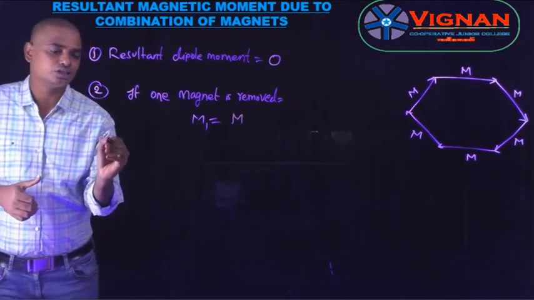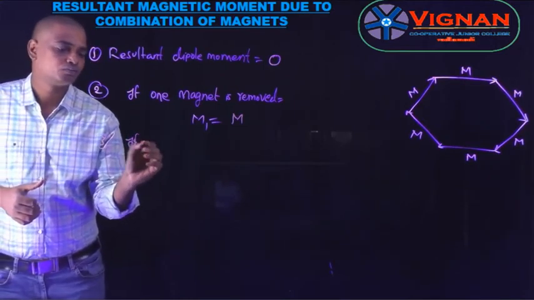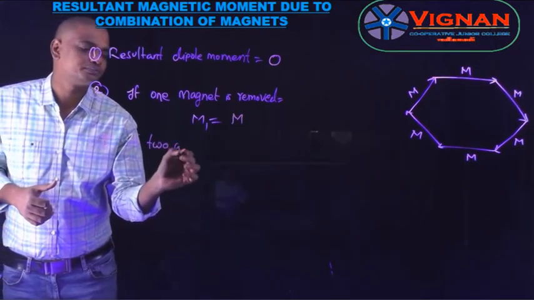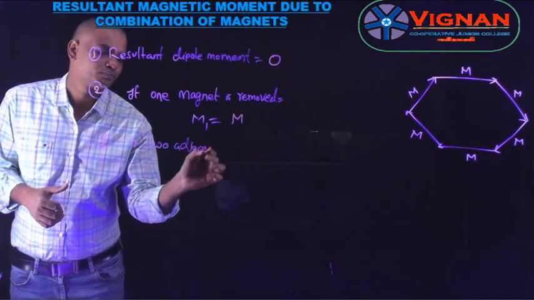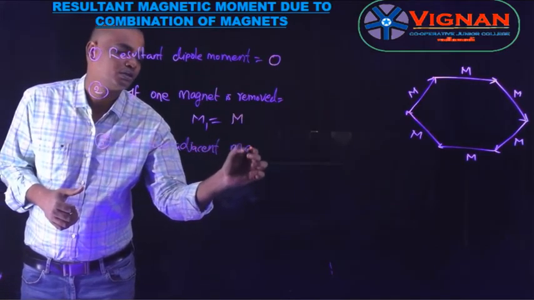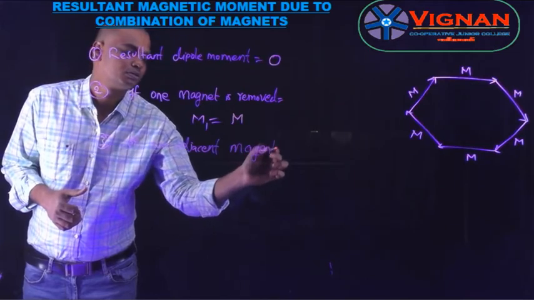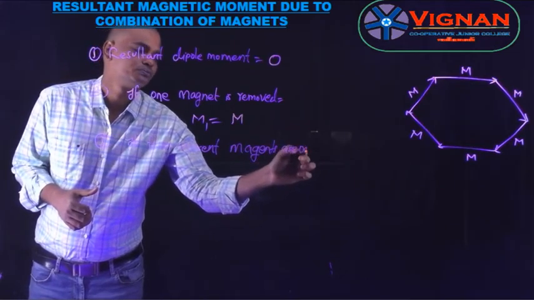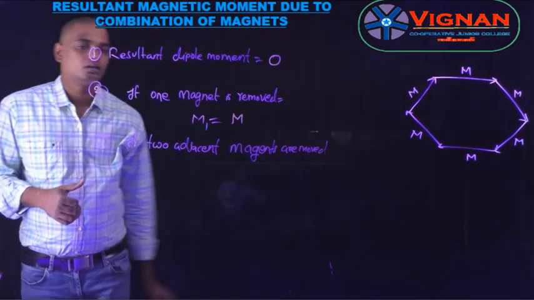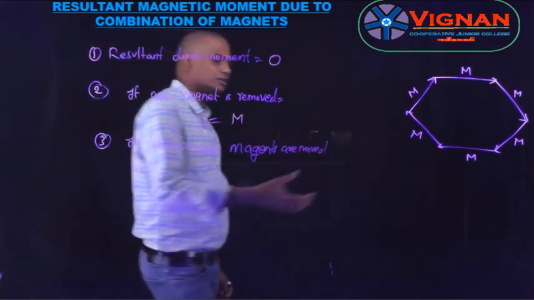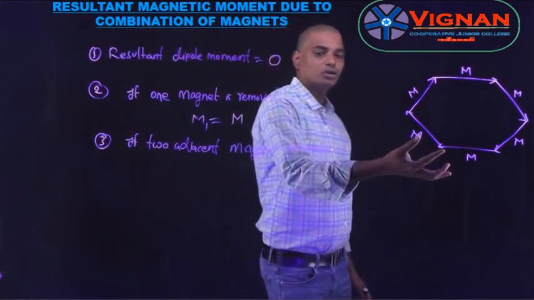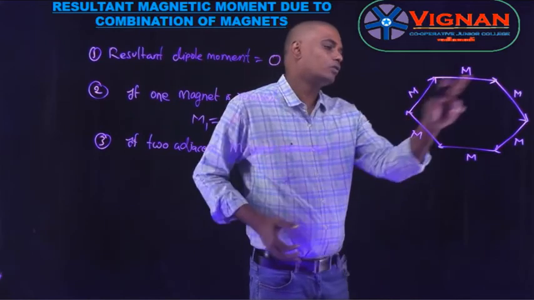And the next question is, if two adjacent magnets are removed. Consider these two magnets are removed. When these two bar magnets are removed, we have only 4.